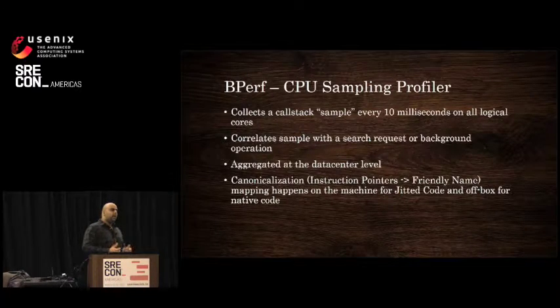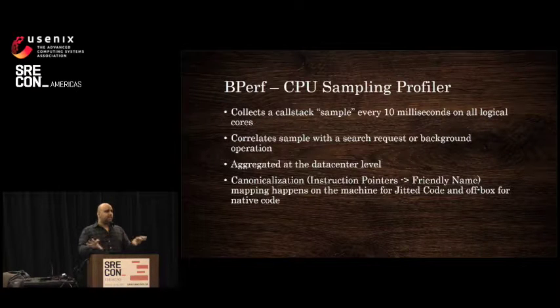On Windows, I don't want to be specific, but we have double byte characters and single byte characters, and a lot of time is spent converting between double byte and single byte, UTF-16 to UTF-8. These kinds of things are not noticeable in a single machine profile, but when you look at it across a data center, when you have 10,000 machines in your fleet and you're seeing that 2% of your CPU across all these machines is doing UTF-16 to UTF-8 conversion, you start looking at that problem in a different way. So that's the utilization side of things that this helps.